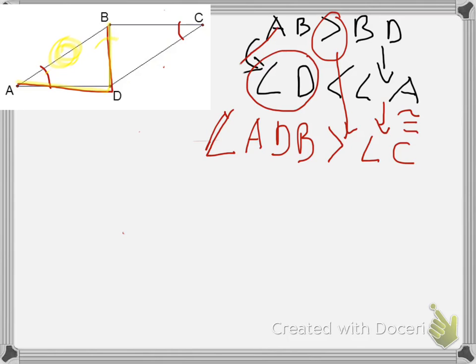Angle A is controlled by this side, but C is also controlled by this side. A and C are the same, so we can check if it's true. ADB is greater than A.